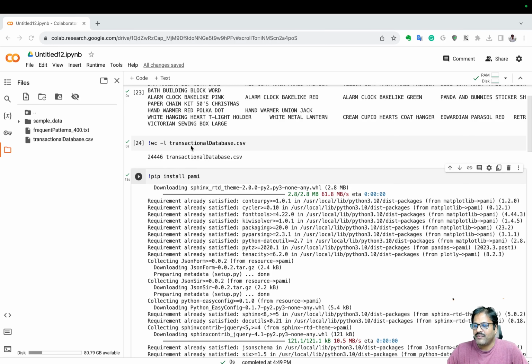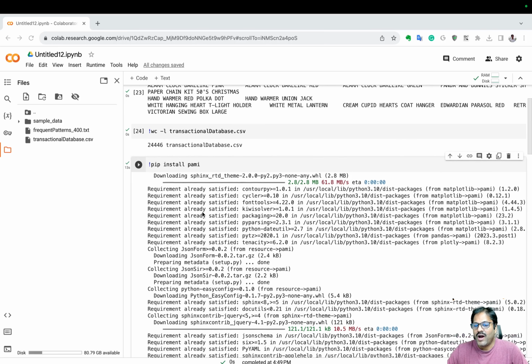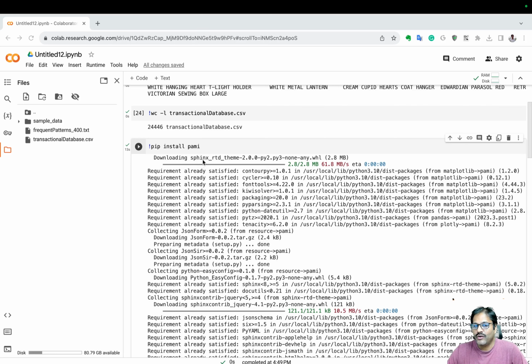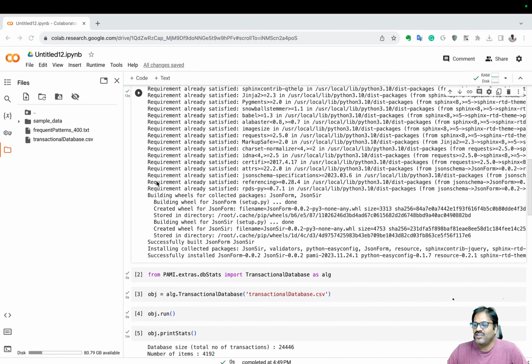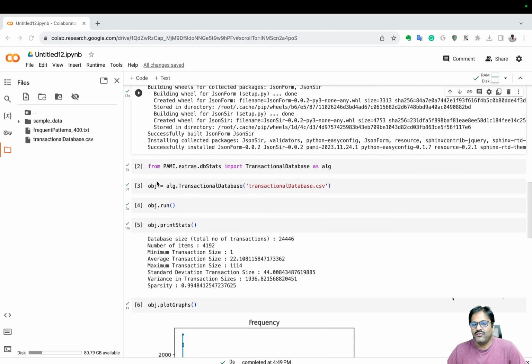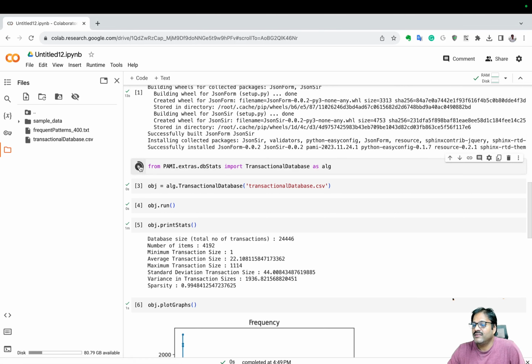Now, to discover patterns from this transactional database, what we are going to do first is install the PAMI library using the pip command. Once we install the library, first we have to study the statistics of a database. For example, how many items are there, what is the distribution of transactions, and what is the sparsity of the dataset. So here we are going to study the statistics of the transactional database.